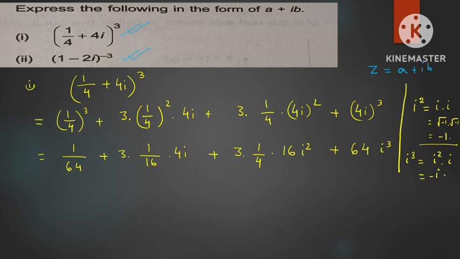So now putting the value of i square and i cube here, 1 by 64 plus, 4 fours are 16, so it will be 3i by 4, plus 4 fours are 16, and the value of i square equals minus 1, so it will be plus minus 12.